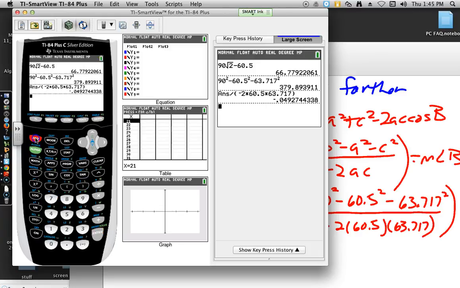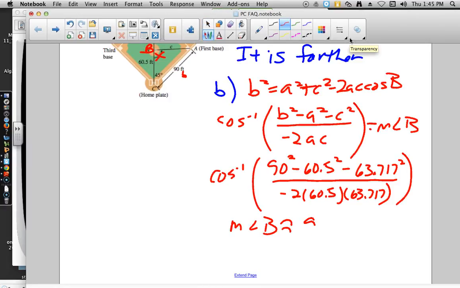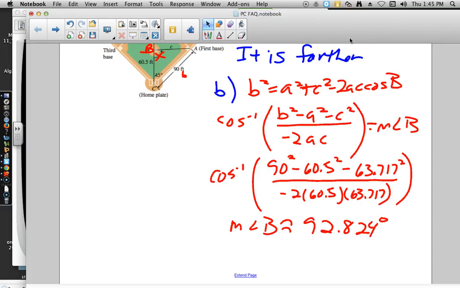And we need the inverse cosine. And there it is, 92.824 degrees. So there's the second part of this, which was just using the law of cosines because we saw a side angle side relationship up there.